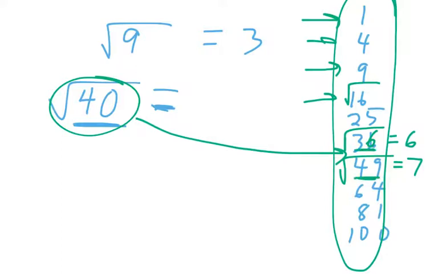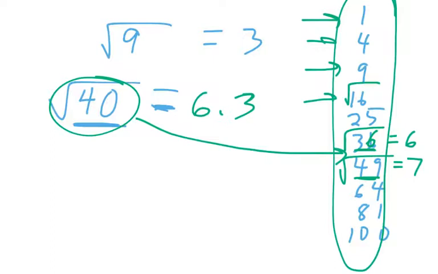So a good estimate for the square root of 40, you might say something like 6.3. We wouldn't say 6.5 because it's not really in the middle of 36 and 49. For example, if it was a number like 42, that would be almost in the middle of 36 and 49. So then we might say 6.5.